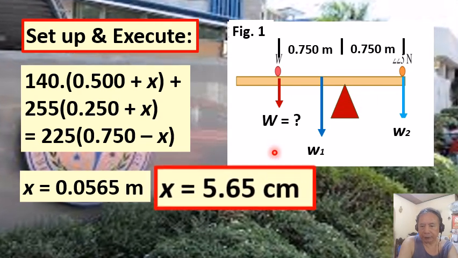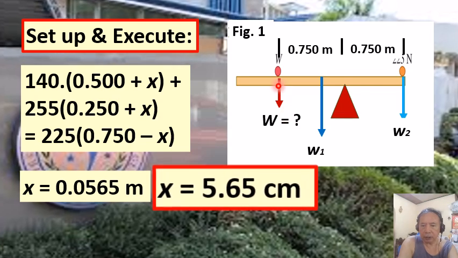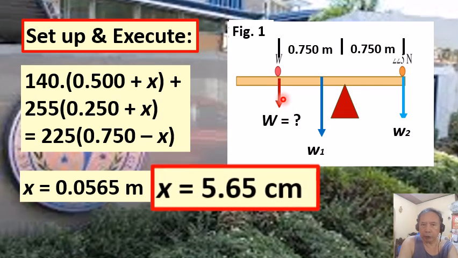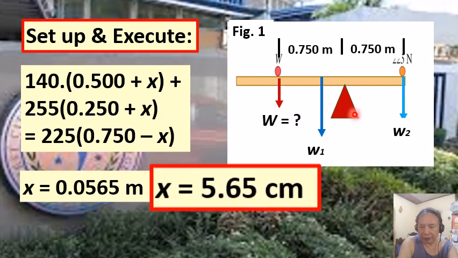This is after the weight W has been moved 25.0 centimeters to the right.